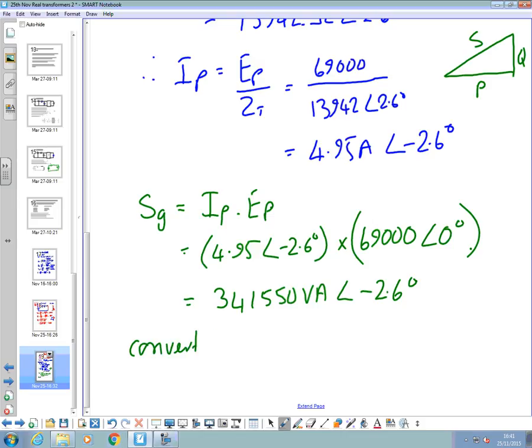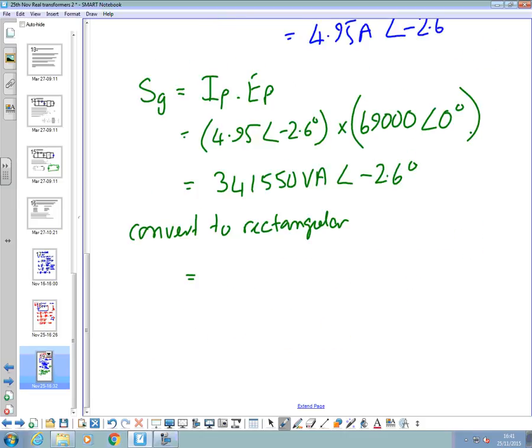Convert to rectangular, sorry. Equals 341,198 watts plus, sorry, minus.